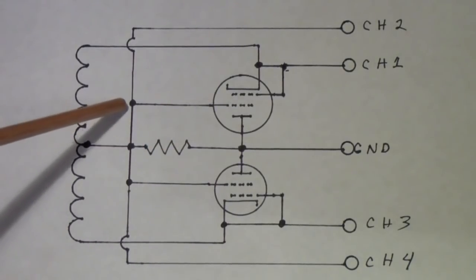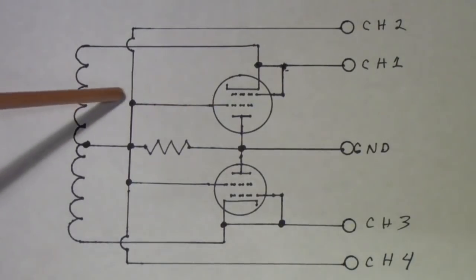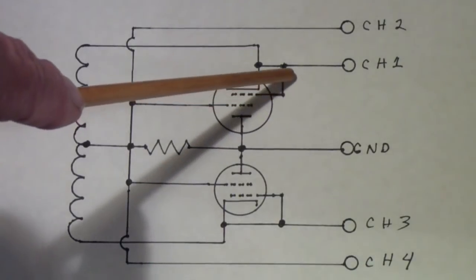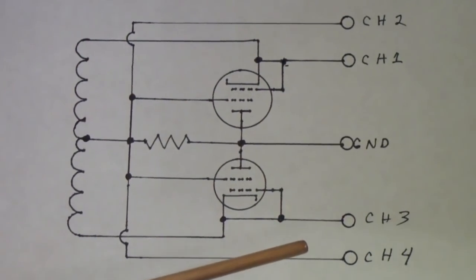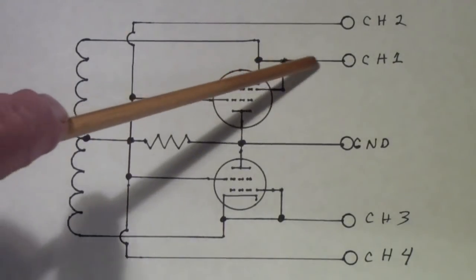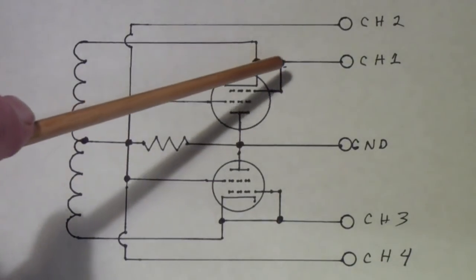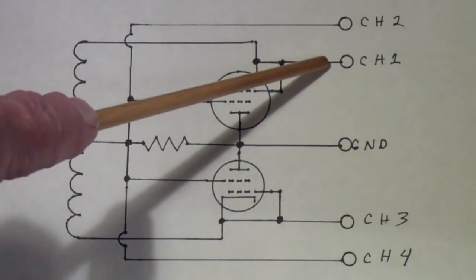And then the screen grid is connected here. The control grid is connected to the cathode, and then the cathode provides the other channel. If you notice, the voltage between the plate and the cathode is the voltage from ground to this channel.